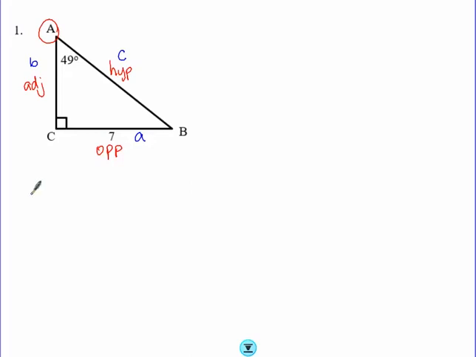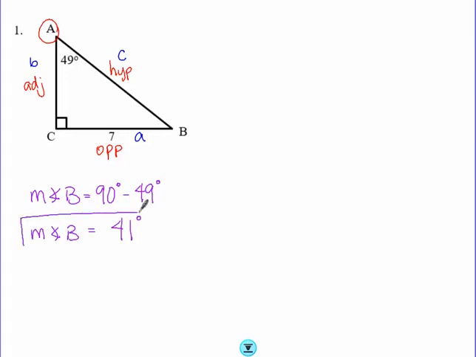So we know that the measure of angle B is 90 degrees minus 49 degrees, which is 41 degrees. It is important that you put the degree symbol on your answer because we will, in the next unit, learn about another measurement for angles.